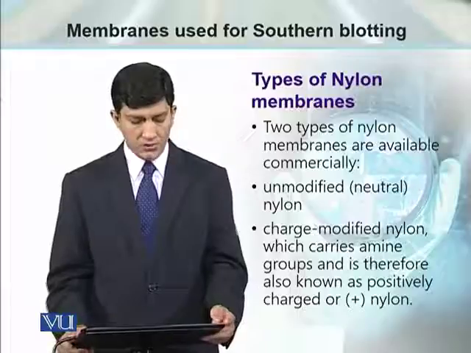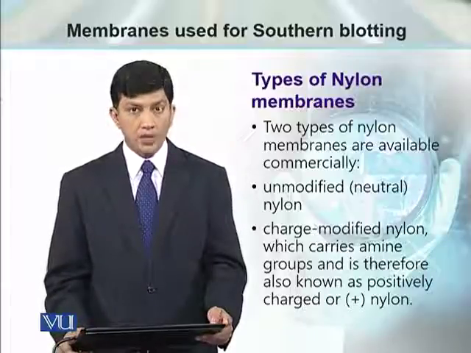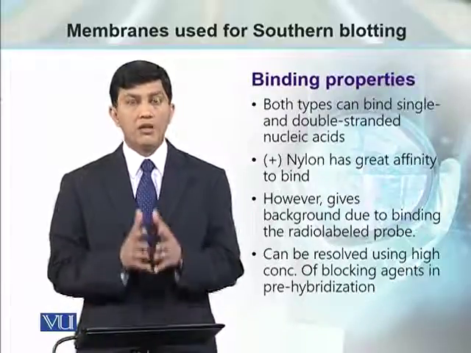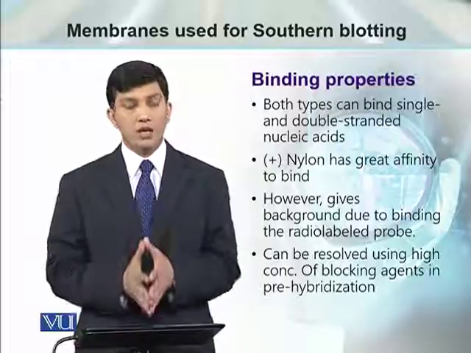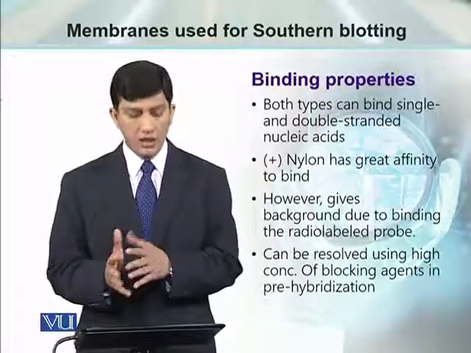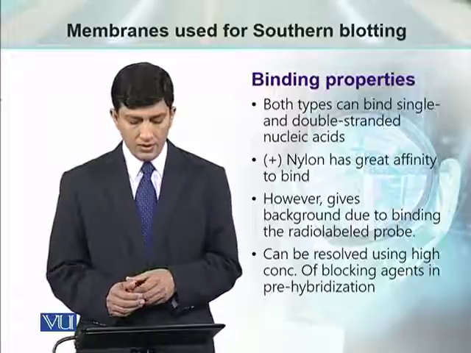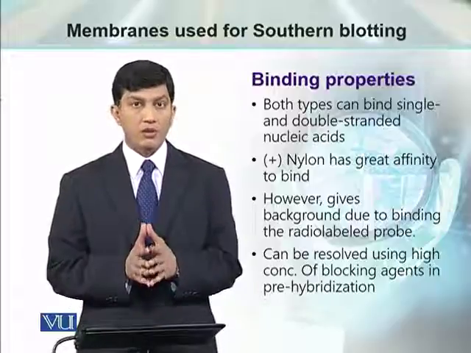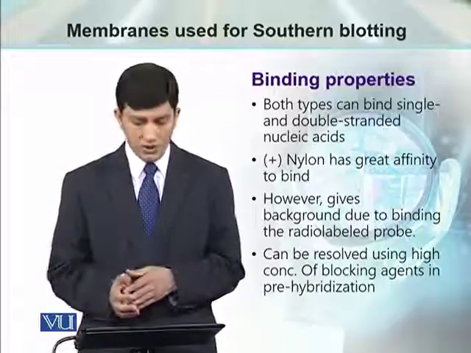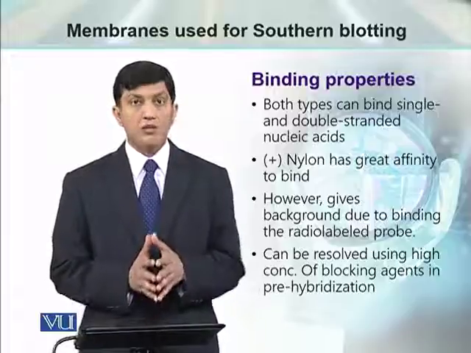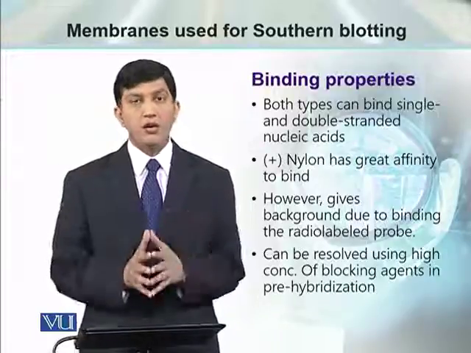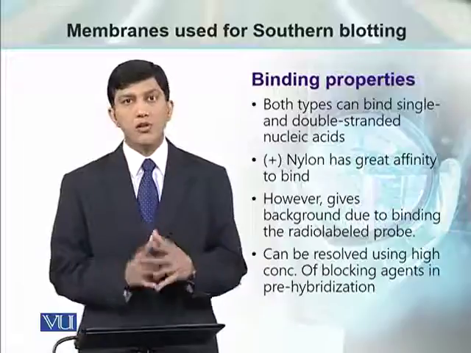And when we use these positively charged membranes, then the binding of nucleic acid with these membranes increases. The great affinity of the positively charged membrane for the nucleic acid gives us very good results as far as DNA or RNA is concerned for southern or northern blotting.